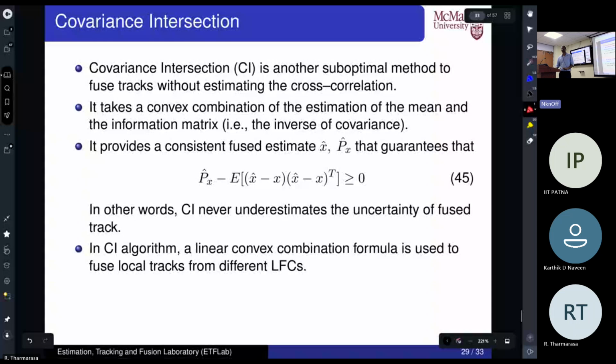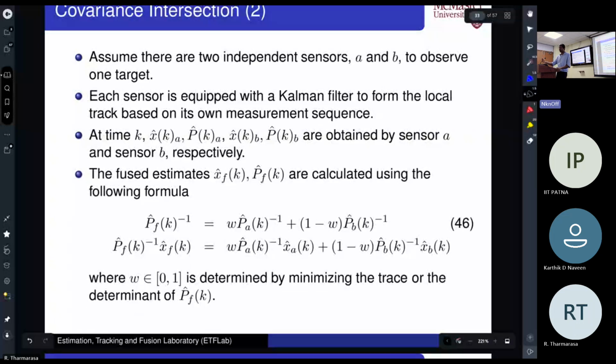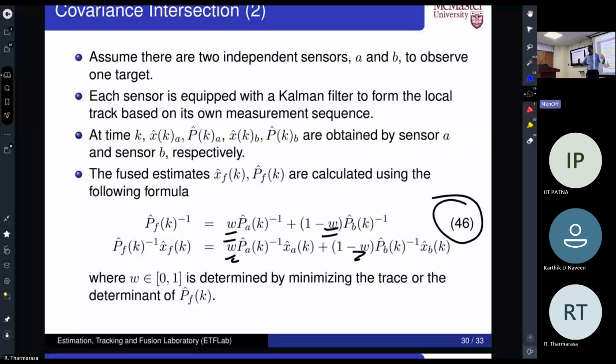There are not many papers, but one or two papers is enough to implement covariance intersection. I would say it's not widely advertised, but I personally prefer it a lot. So finally, whatever I mentioned comes to this form. They have weights, and those weights are calculated such that the updated covariance will be the intersection of both of them.